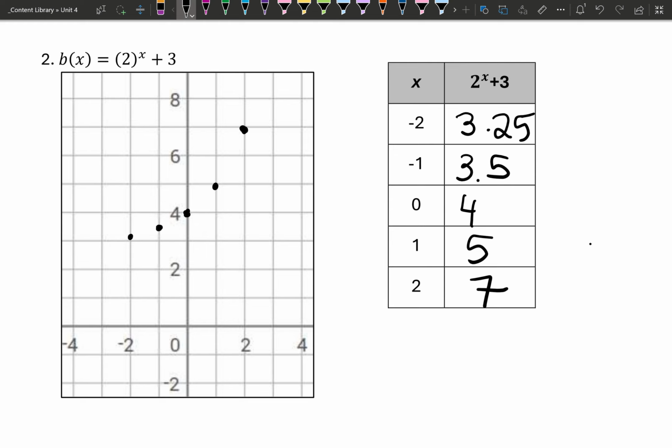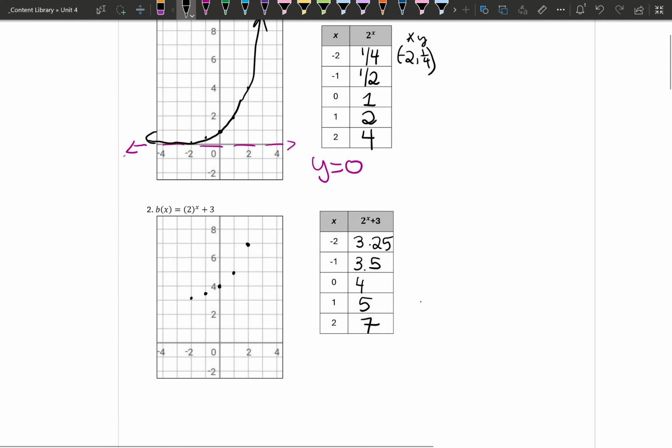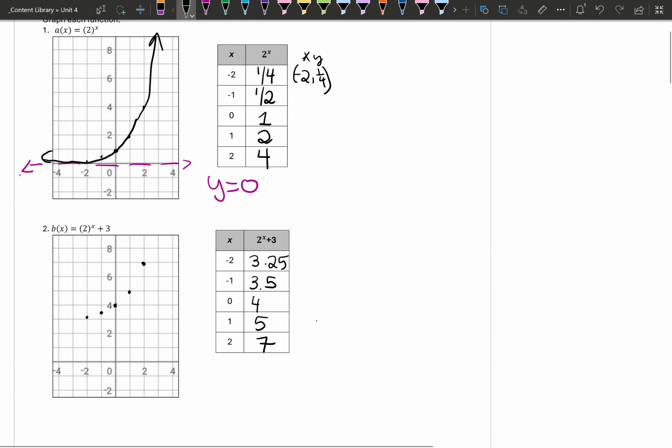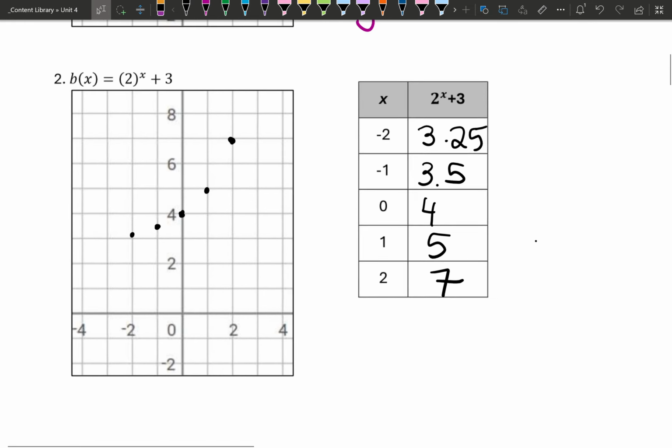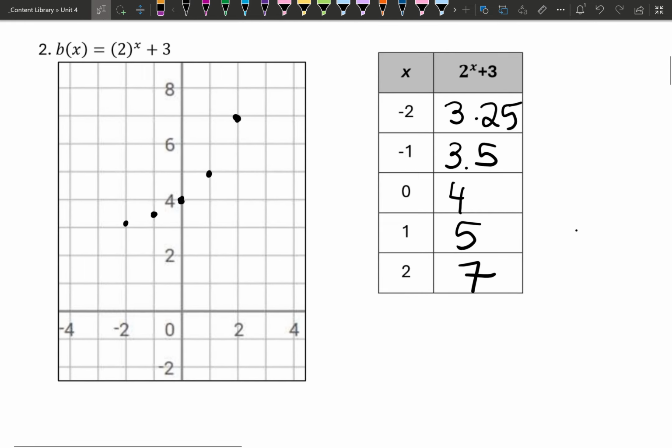Now compared to the original graph, which direction did our points move? Hopefully you can see that they moved upwards. Now, on our graph, what goes up and down, the x's or the y's? It's the y's.